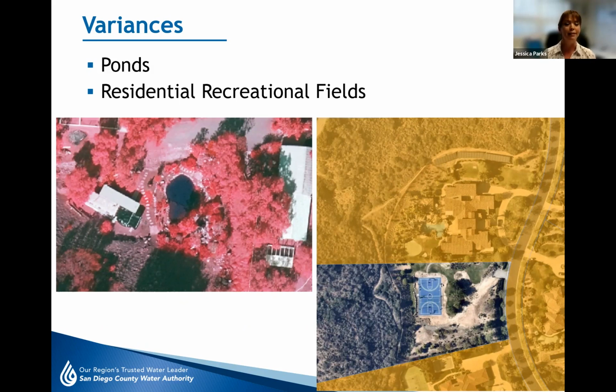We were able to better see the ponds with this filter, and it turns out we have over a dozen little ponds like this. This would be something that we would want to put into variance, because we don't want these properties with ponds to be left out of the residential landscape area measurements when calculating the water.